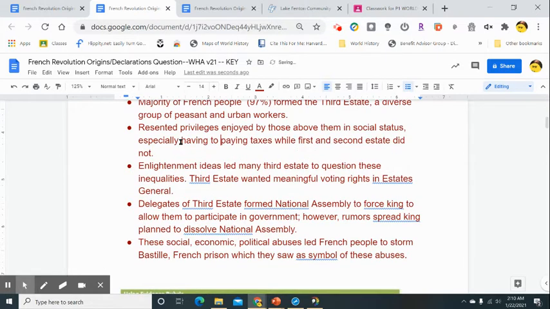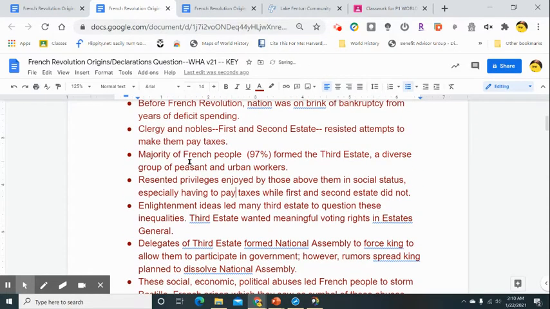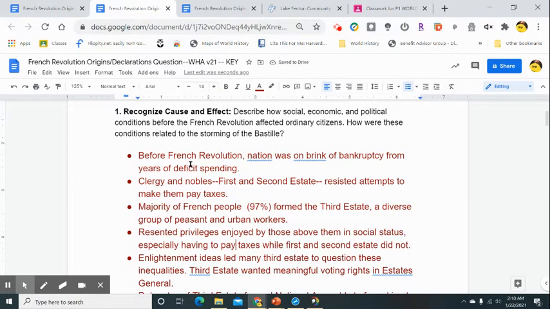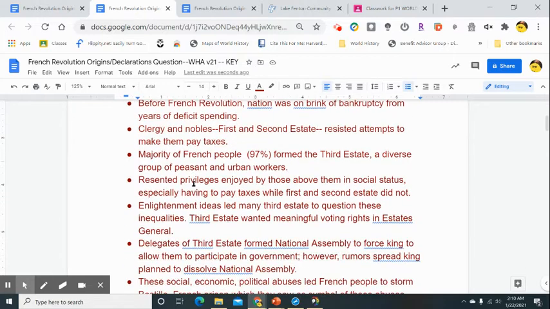Now remember, in the Estates General they were outvoted every time, by a 2-to-1 margin. So the Enlightenment ideas of Rousseau, Voltaire, and Locke led many of them to question these inequalities.